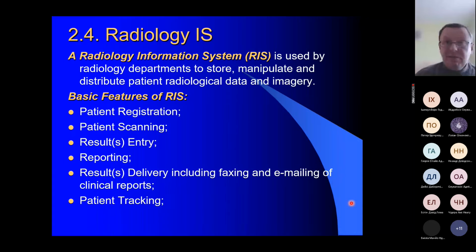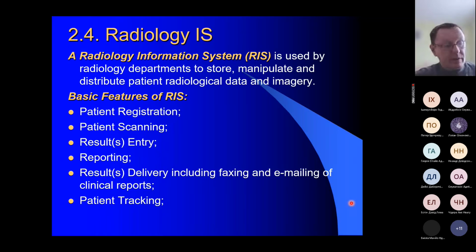Especially for radiology, it's important because we can collect a huge amount of data within imaging, within computer tomography, and it's not necessary to immediately keep it within the central hospital information system.